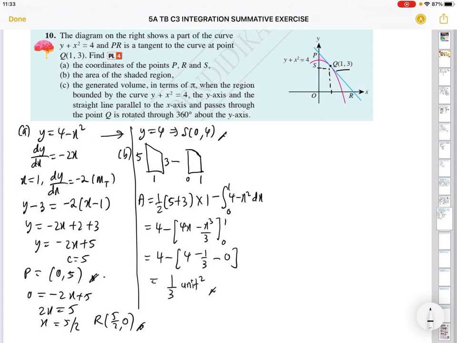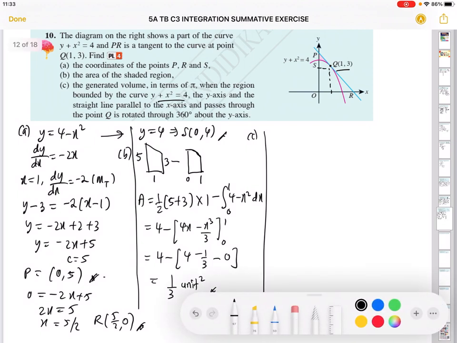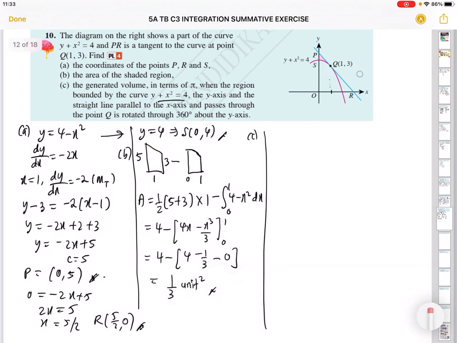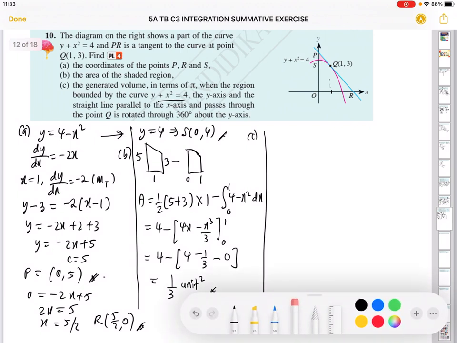As for your volume, you are supposed to take the region bounded by the curve, the y-axis and a straight line parallel to the x-axis. So we are talking about a straight line parallel to the x-axis that passes through Q. Parallel to the x-axis passing through Q is this line, and this line is y equals 3.